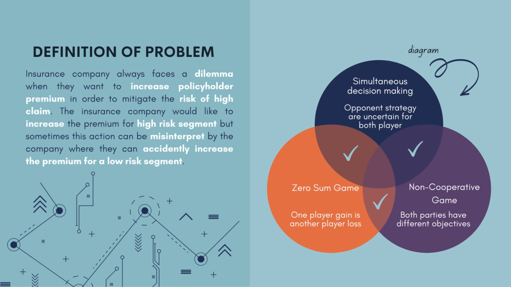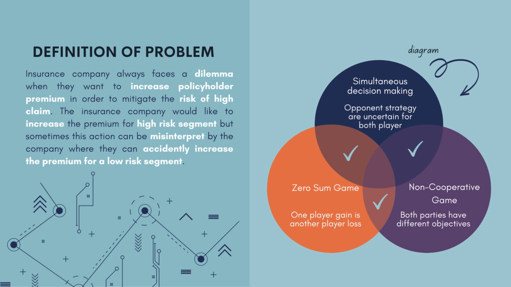Why can this be considered a game? Of course, it's a game of two players. We have the insurance company and also the policyholder. Second, it's a simultaneous game, where both players don't really know the opponent's strategy. It is uncertain for them. It is a zero sum game, I think, because one player's gain is another player's loss.